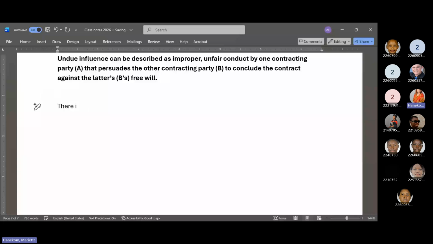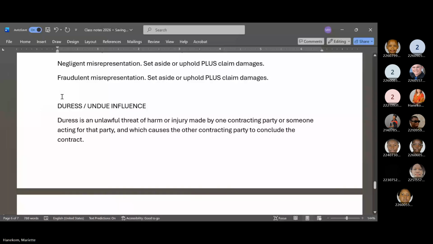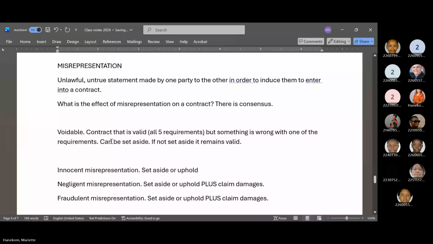There is consensus. She has agreed. But there we are. Same old, same old.